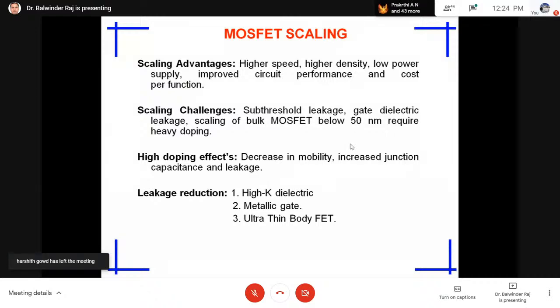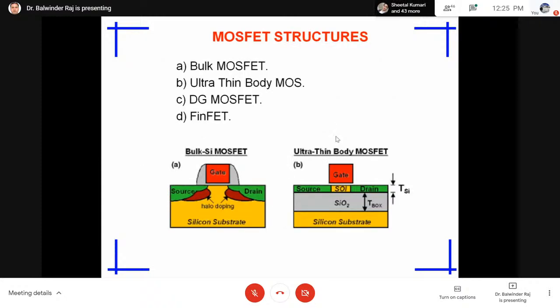As you know, the dielectric constant of silicon dioxide is just 3.9, but high K dielectric materials like HfO2, hafnium dioxide, or titanium dioxide have a dielectric constant of around 20, or even from 20 to 100. So with high K dielectric, we can minimize the leakage current. Alternative techniques like metal gate and ultra thin body FET are also available to reduce the leakage current.